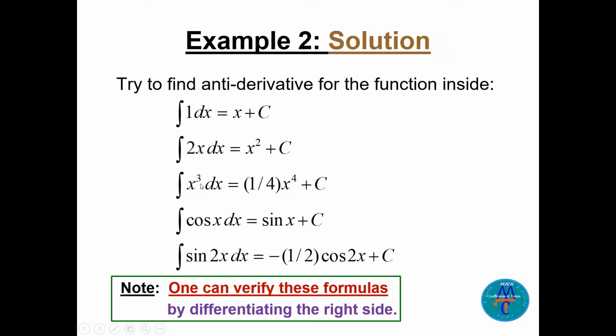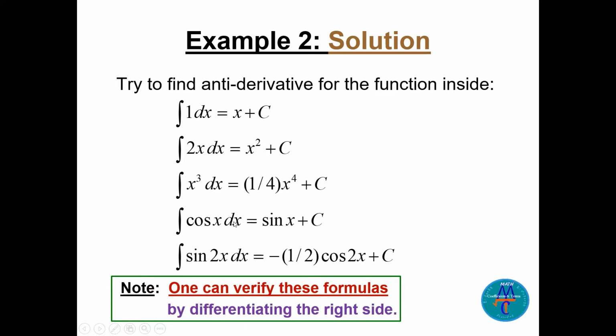Integral of x cubed, you can think here, it will be 1 over 4 times x to the power 4. Why? Because when you bring the 4 down, it will be cancelled with the 4 in the denominator here, and then you subtract 1, it will be x cubed. So this is the antiderivative or the indefinite integral.